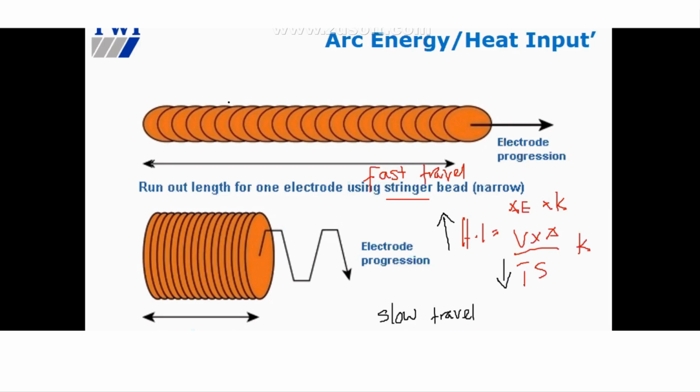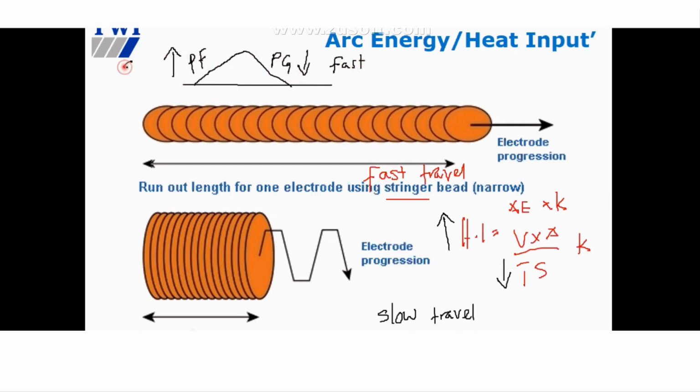And also, sometimes they ask you about this. All right, you have PF and PG position. PG, vertical down, PF, vertical up. PG, vertical down, this is fast travel.